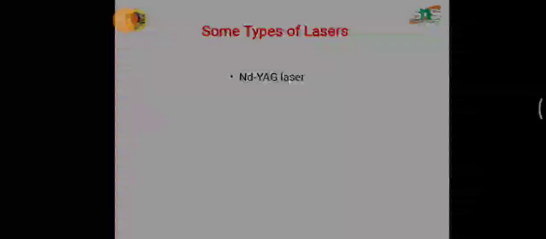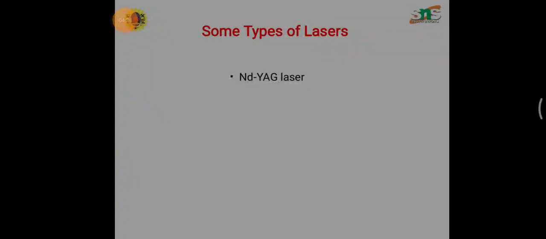Some types of laser. Lasers are classified into 5 major categories based on the type of active medium. First one, solid state laser. It is classified into 2 types: 3-level laser, for example ruby laser, and 4-level laser, for example Nd:YAG laser.